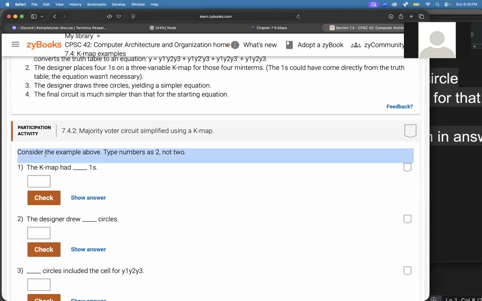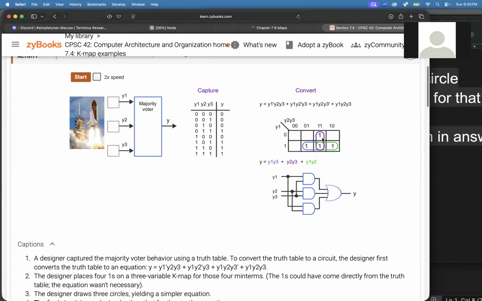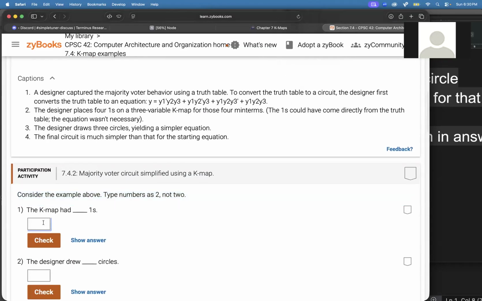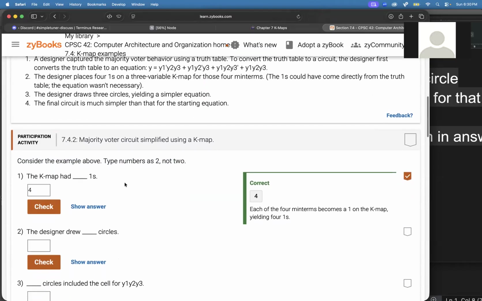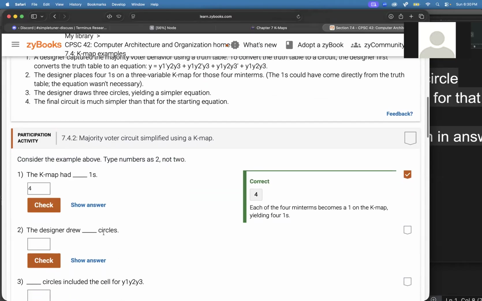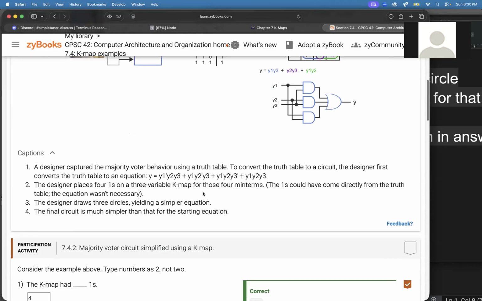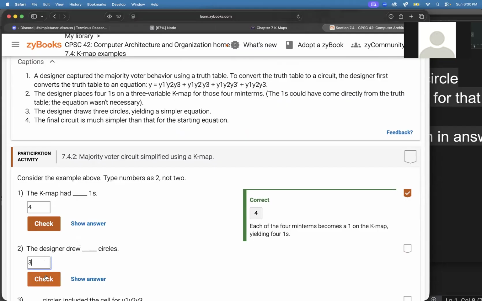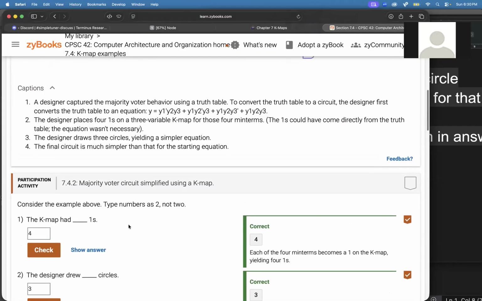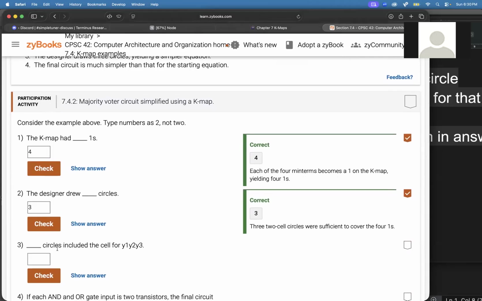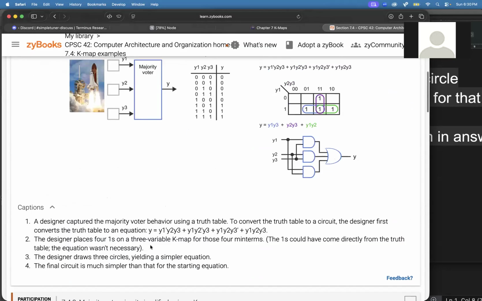Consider the example above. The K-map had how many ones? Here's the K-map. 1, 2, 3, 4. The designer drew how many circles? They drew 1 circle, 2 circles, 3 circles. Circles included the cell for Y1, Y2, Y3.